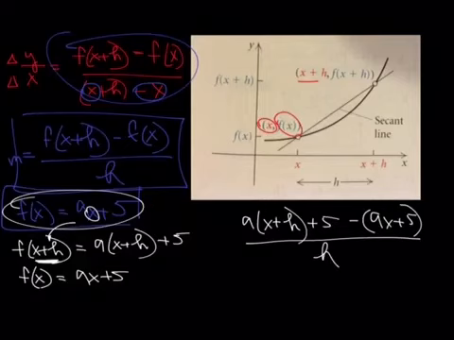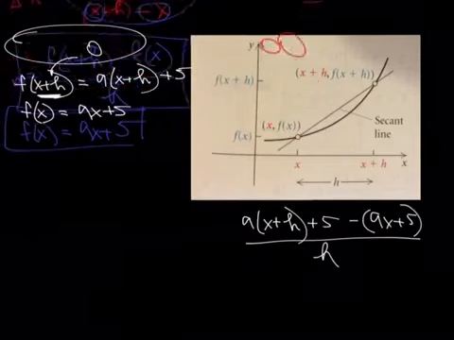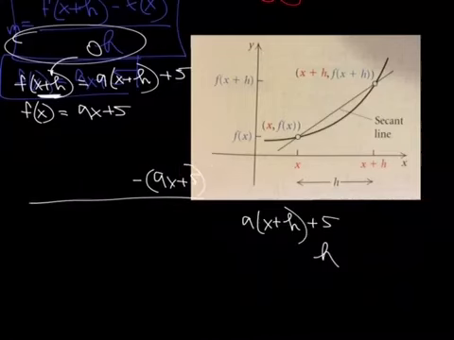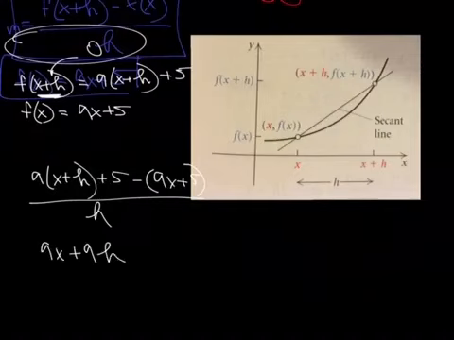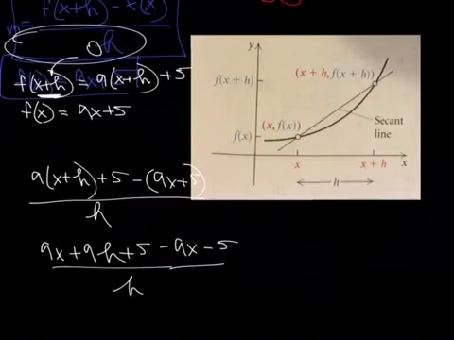Alright, now I'm going to do the math. So let's move a bunch of this stuff up here. Move all this over here. And I get 9x plus 9h plus 5 minus 9x minus 5 all over h.